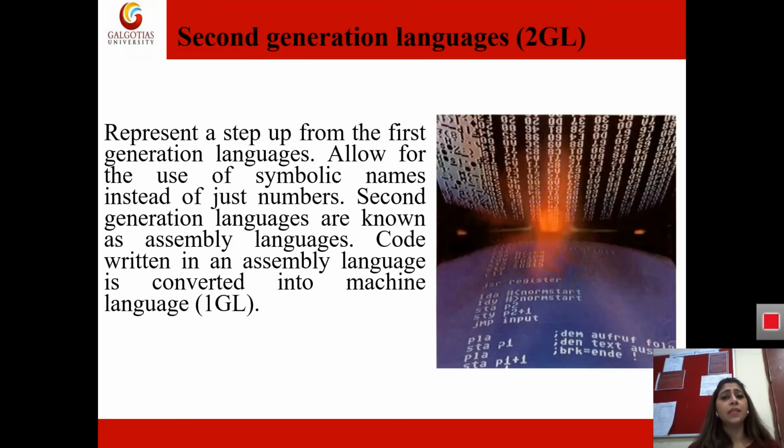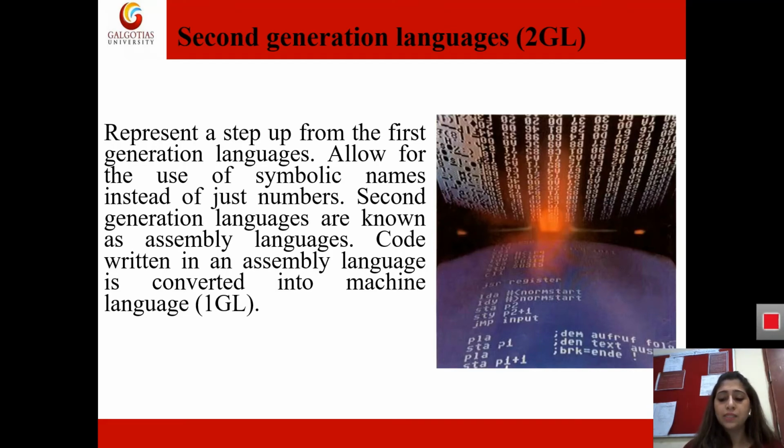Then came the second generation languages. These represent a step up from the first generation languages and allow the use of symbolic names instead of just numbers. Other than zeros and ones, they had some symbolic names. The second generation languages are known as assembly languages, and code written in assembly language is converted into machine language.